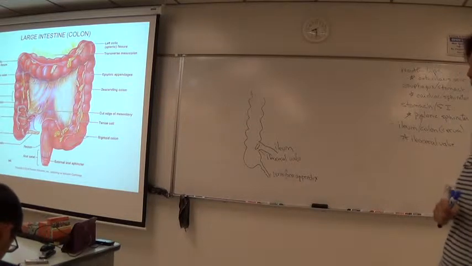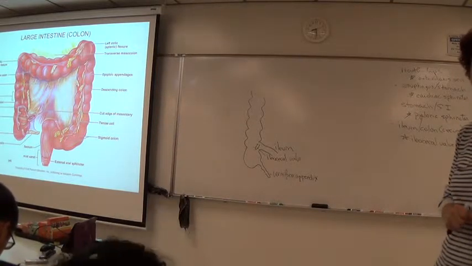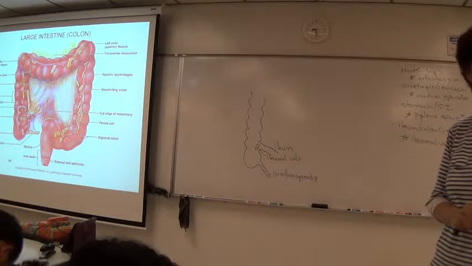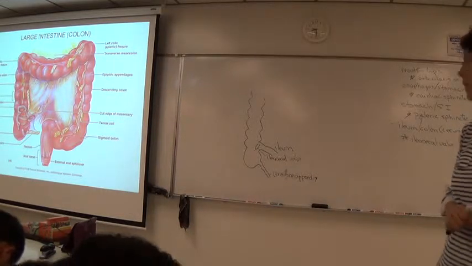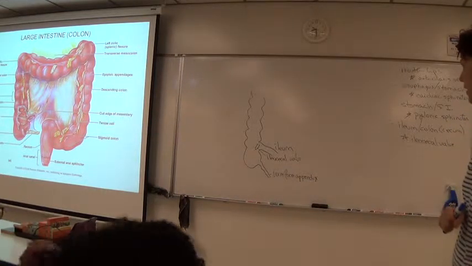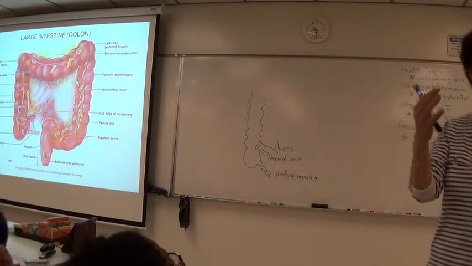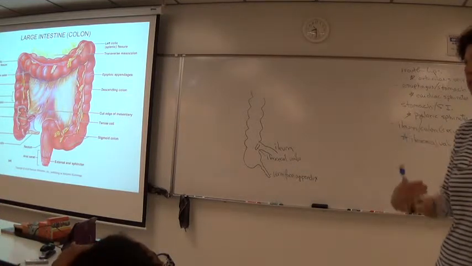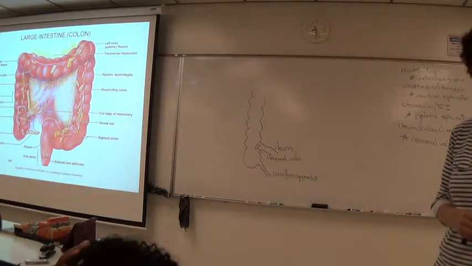So if you had severe cases of diarrhea or dysentery, an unfortunate trip to Mexico or some other country where you drank the water, that this would be able to repopulate your bacteria to your colon.